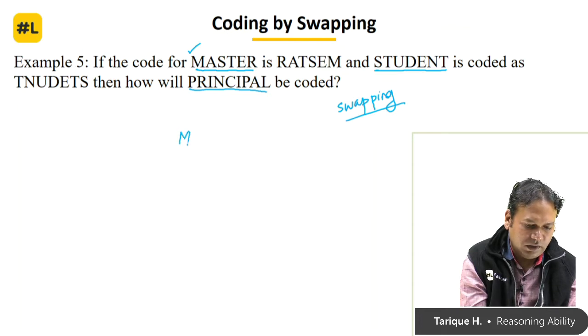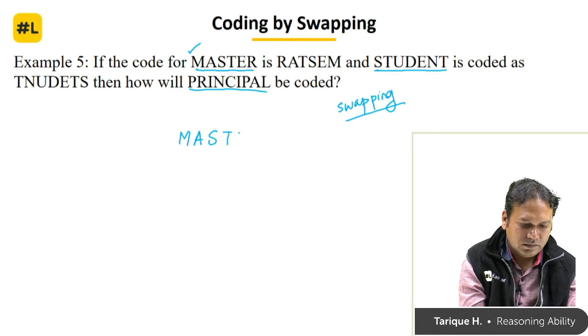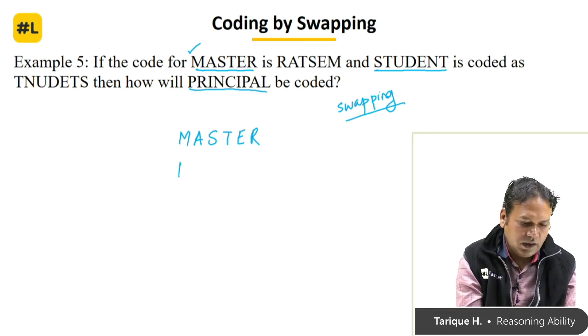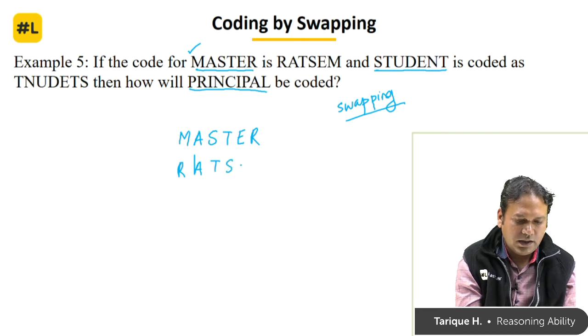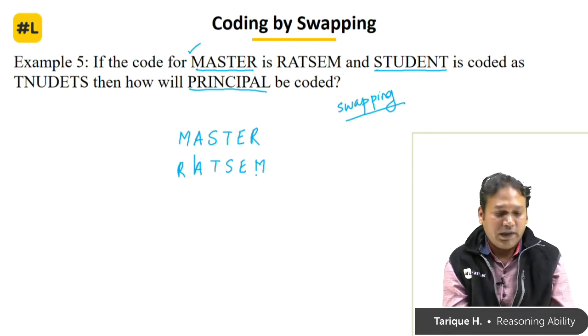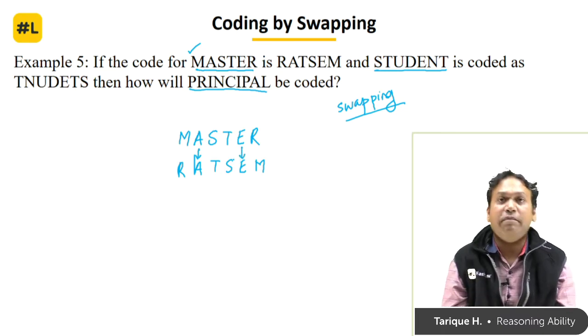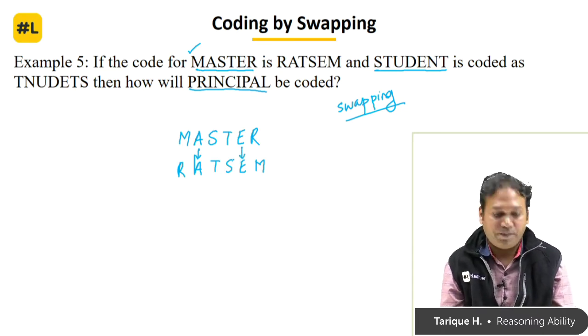If you look at the word MASTER and the word RATSEM, you will observe that the position of vowels is the same in both the word and the code. So A and E are not changing.